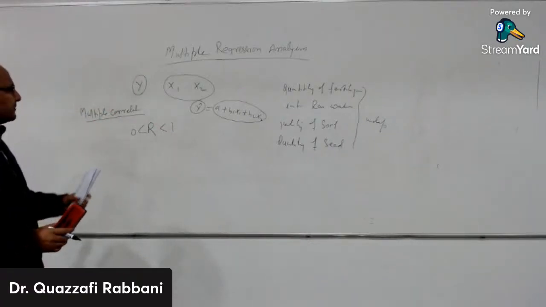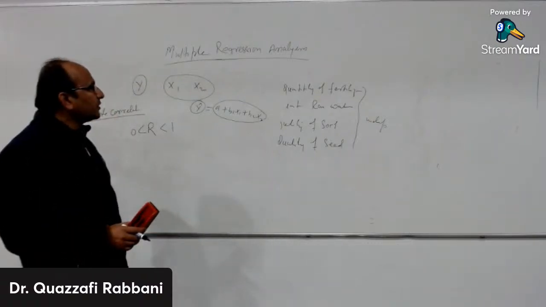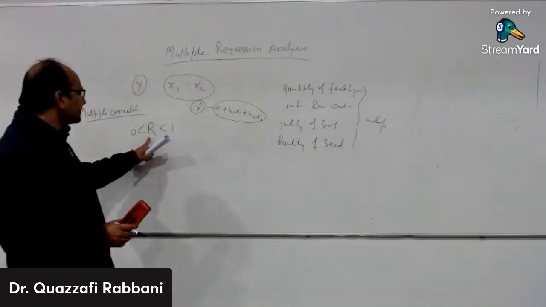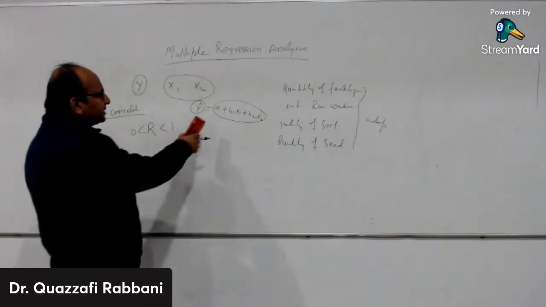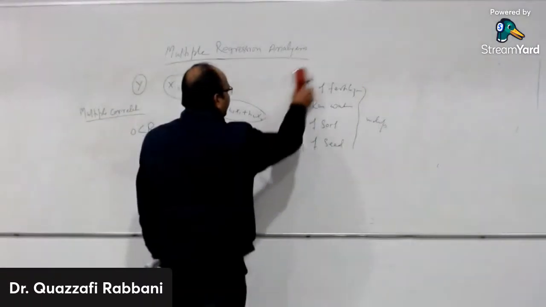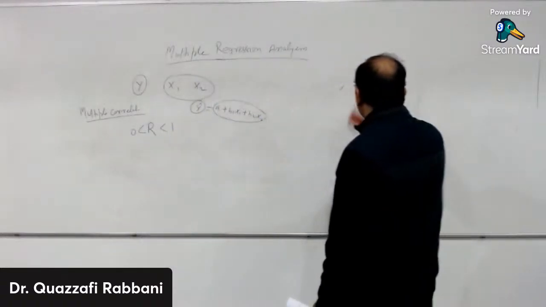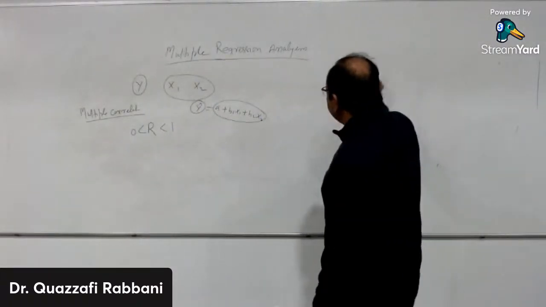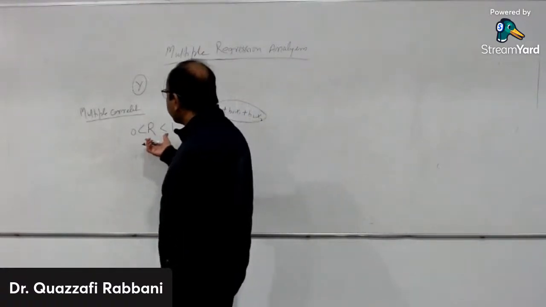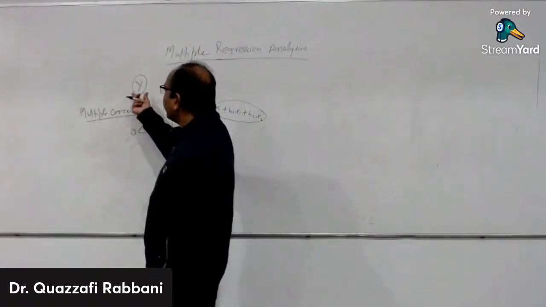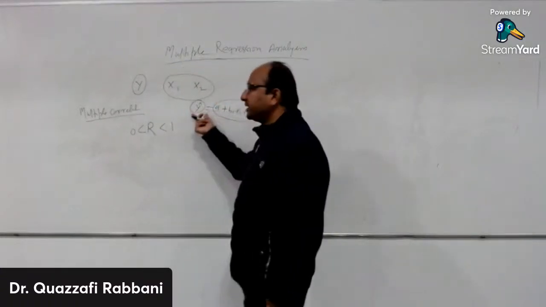But in a simple correlation, in which only two variables are involved, the limit of that correlation will be -1 to +1. But here in multiple correlation, the limit is from 0 to 1, because this relationship is obtained by the actual value of the dependent variable and the estimated value of the dependent variable.